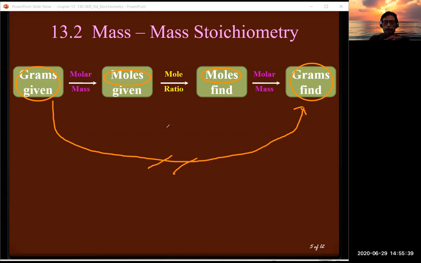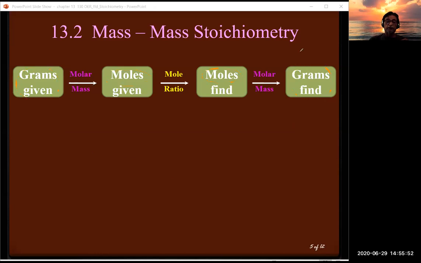Okay. And so what they're telling you here is that the information that I need, sorry about that, let me clear this up, is the molar mass. I need the molar mass of what I'm given.